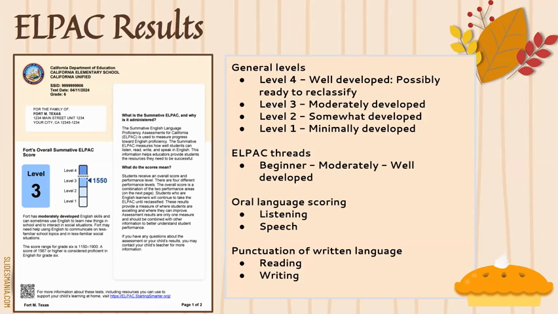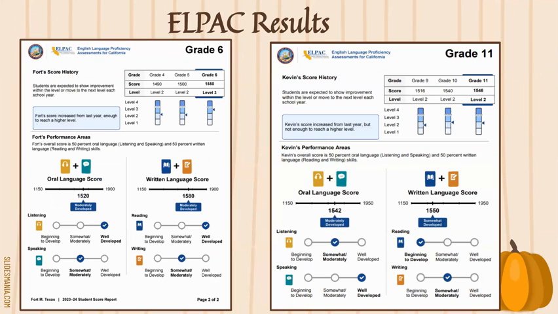And where we want all of our students to be is that they have well-developed and possibly have already reclassified, right? That is that level 4, which is where we're pushing our students towards. You'll notice too that it has some information for you as parents here. And if we go on to the next slide, it is a little more specific to the actual scoring.